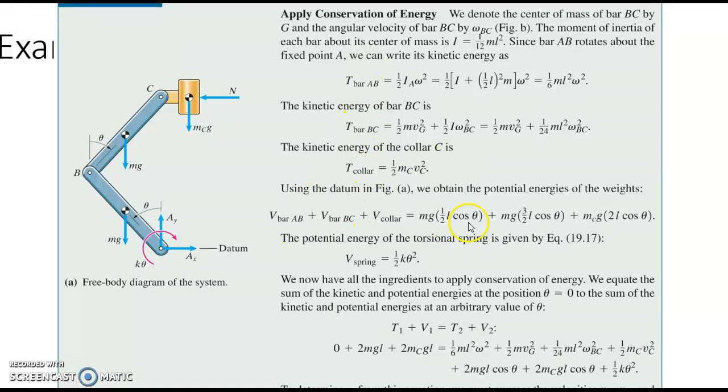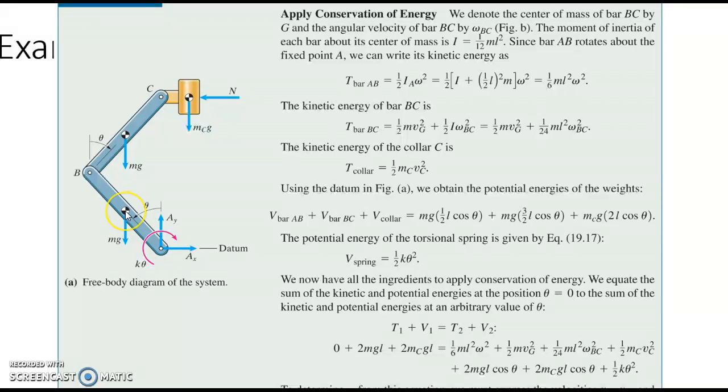Now I want my potential energies. Well, I have a spring, then I have several weights. So if we reference our weight potential energy to some datum, then the potential energy due to the weights is just my mgh term, and we get mg times half L cosine theta for bar AB, for example, because remember the weight is acting at the centroid.